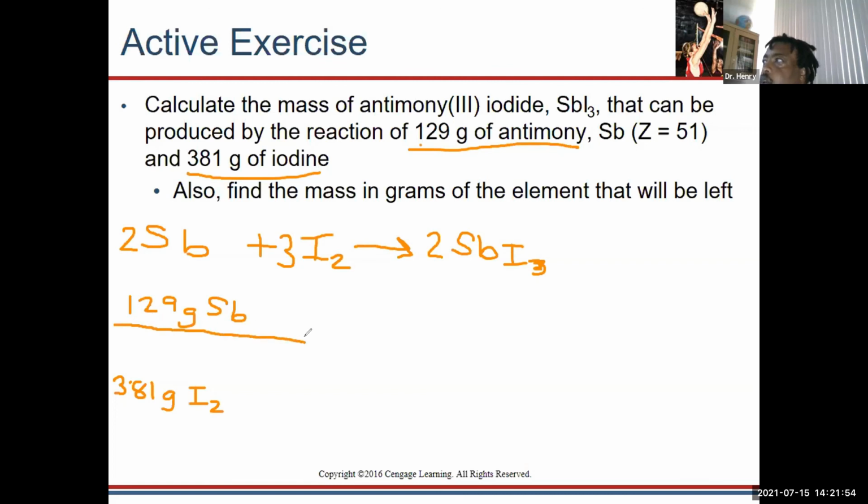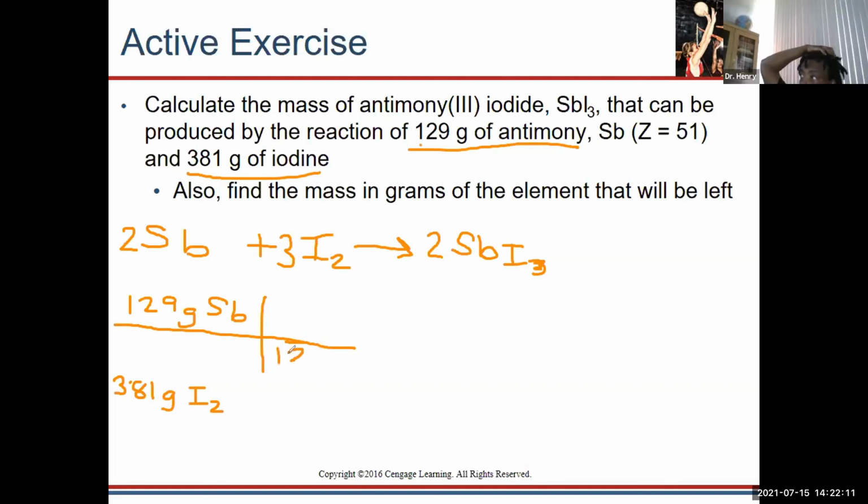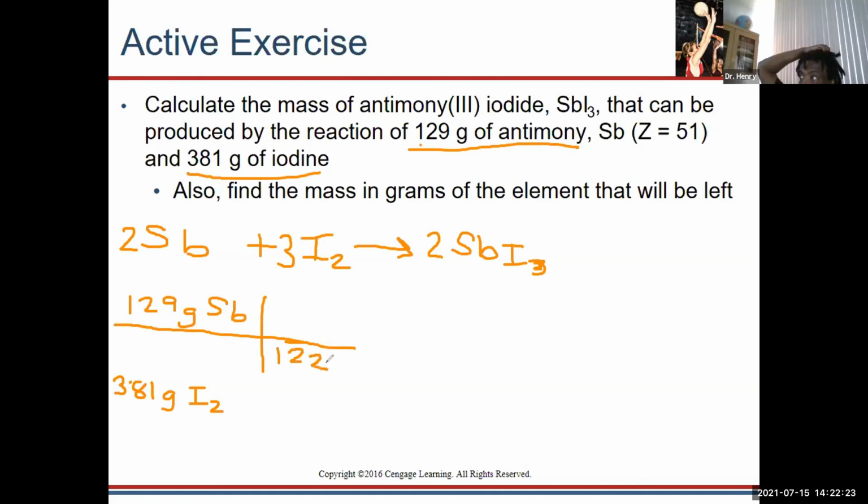So what is the molar mass of antimony, Sb? 129. Oh, wait. Antimony is 128. 122. Well, I'm getting numbers everywhere. So 122 grams of Sb per 1 mole. Is that correct?